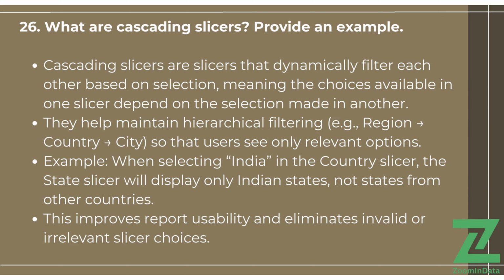Example: when selecting India in the country slicer, the state slicer will display only Indian states, not states from other countries. This improves report usability and eliminates invalid or irrelevant slicer choices.